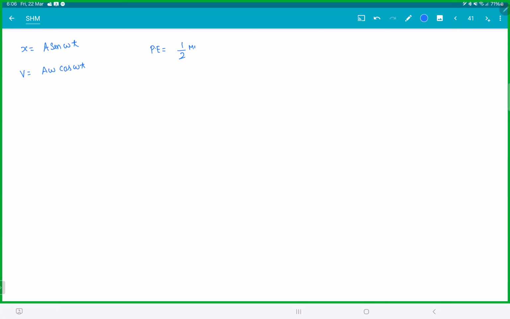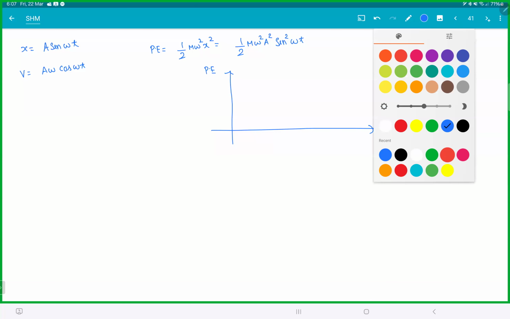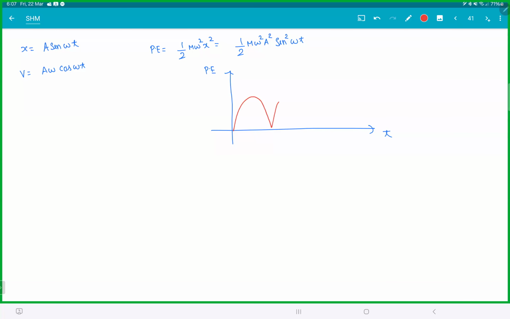Potential energy is half m omega square x square, which is half m omega square a square sine square omega t. This is the potential energy versus time graph. It's a sine square function. The frequency is 2f.